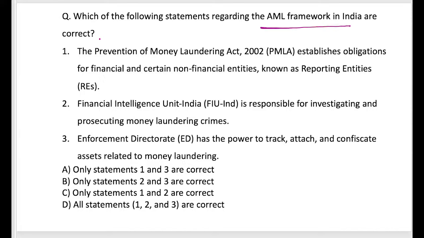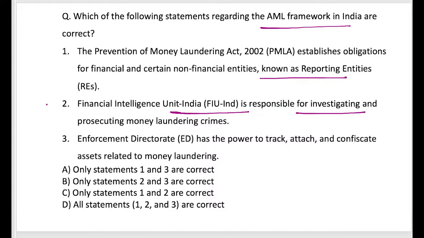AML KYC in India are correct. Financial Intelligence Unit India is responsible for investigating and all.